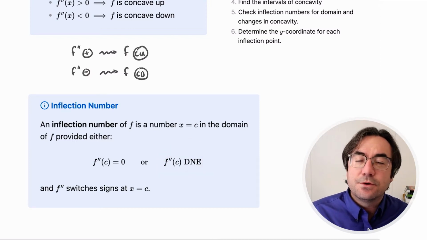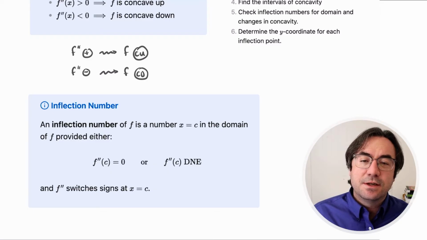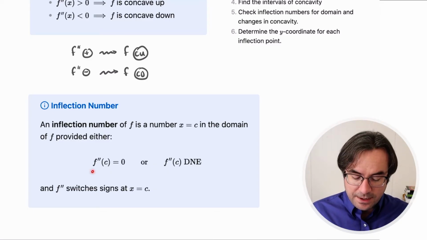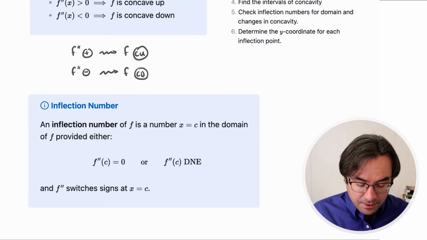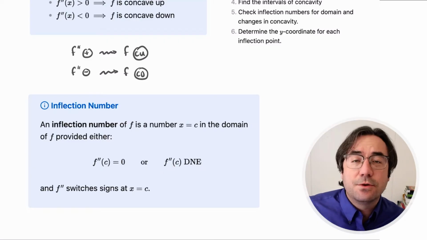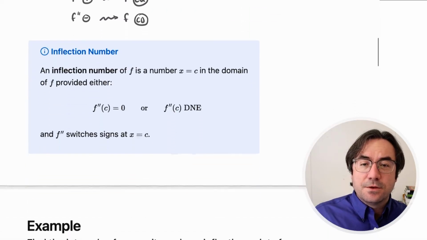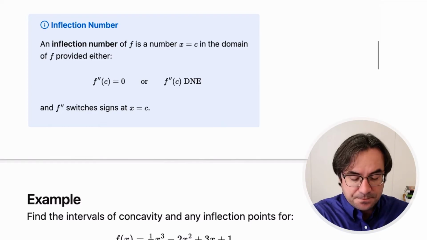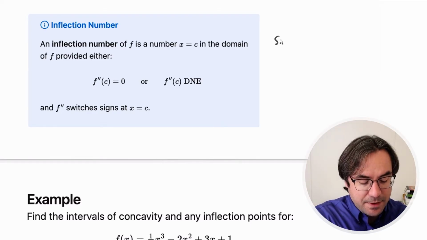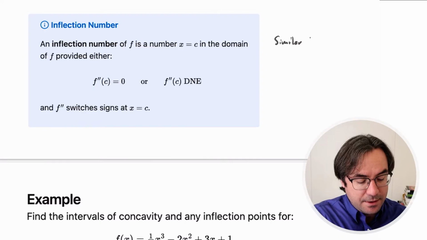So just like when we were doing the intervals of increase-decrease, we located where the first derivative is 0 and where the first derivative is undefined. Well, now we're doing this with the second derivative. So when we talk about these inflection numbers, you want to keep in mind what we did with critical numbers.